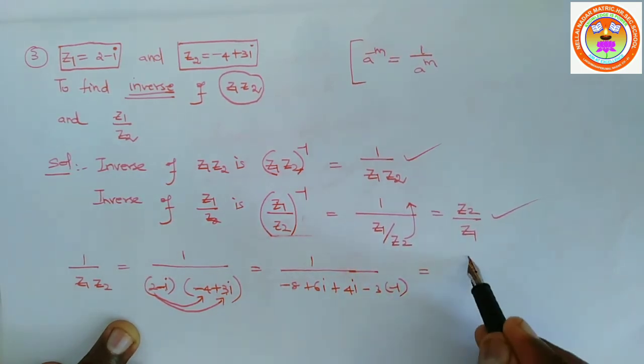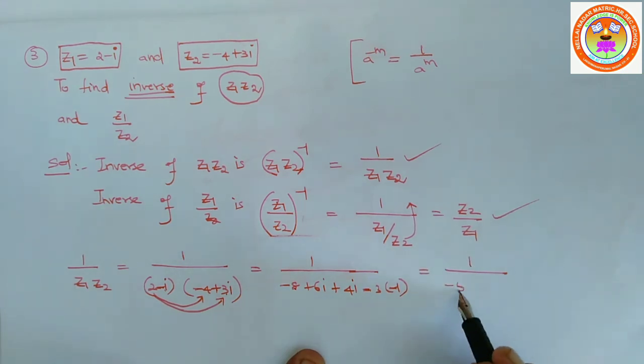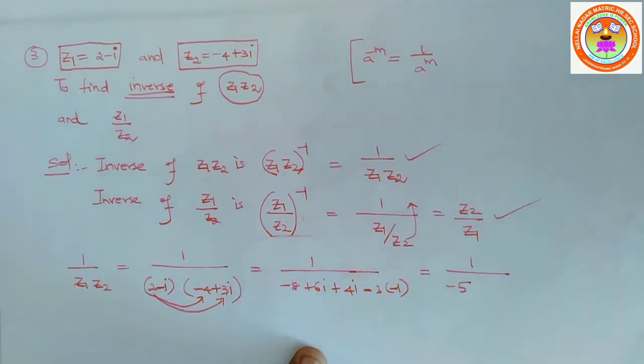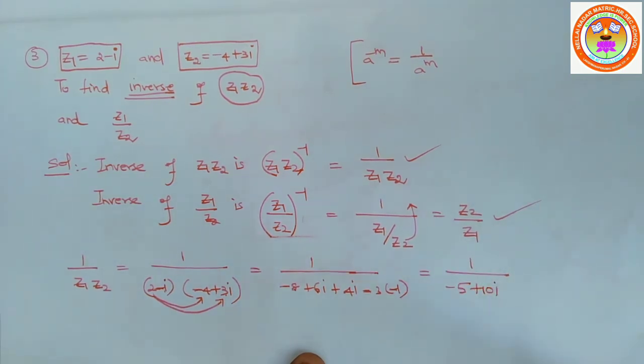So how can I write this answer? 1 divided by, minus 8 plus 3, which is minus 5, plus 6i plus 4i, which is plus 10i. So I have written this.